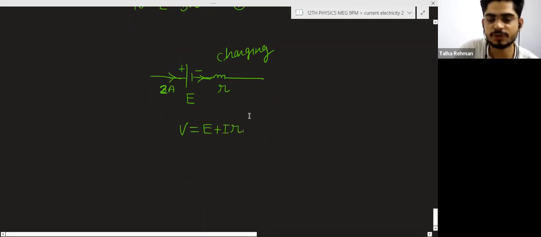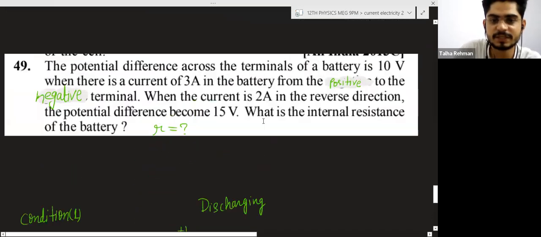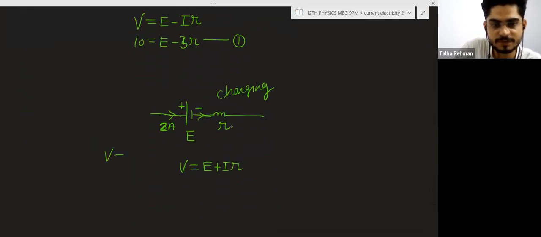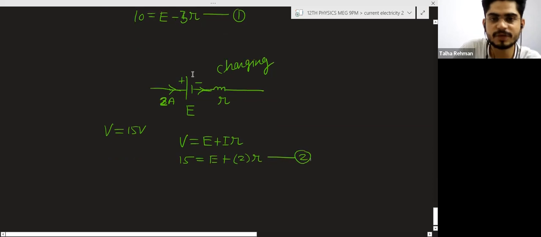You should know these two equations. And this time the potential difference is given as 15 volt. So put here 15, E plus I is given as 2 and this is r. This is equation 2.